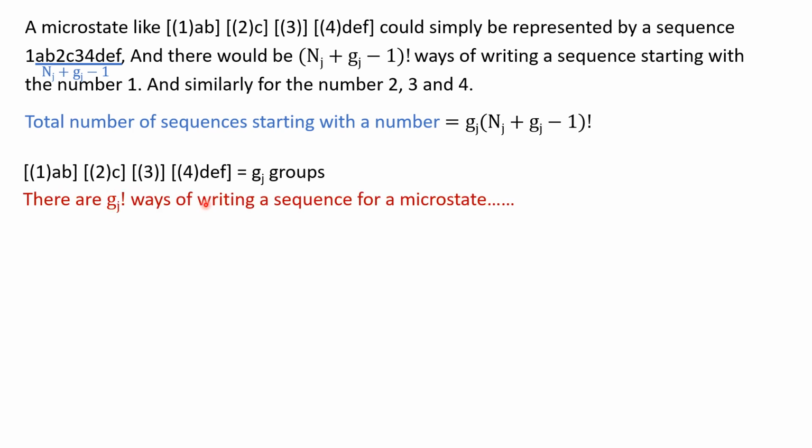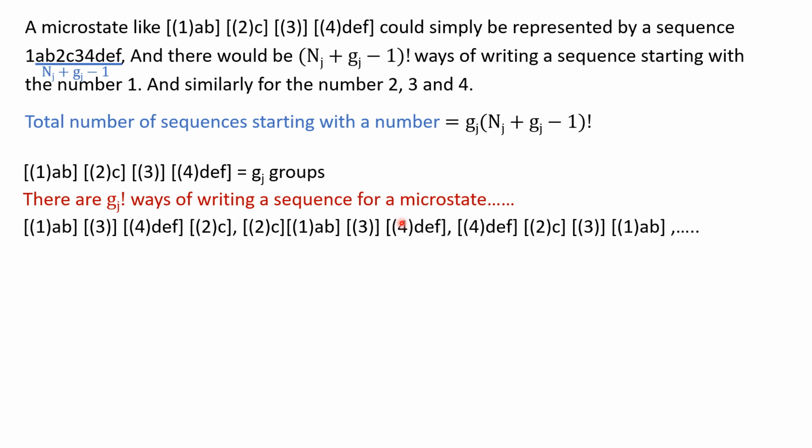It means that there are Gj factorial pictorial ways of writing a sequence for a microstate. We can write the microstate in this sequence, or in this sequence. This one starts with A, and after A we continue. This sequence started with 1, and after 1 we have 3.